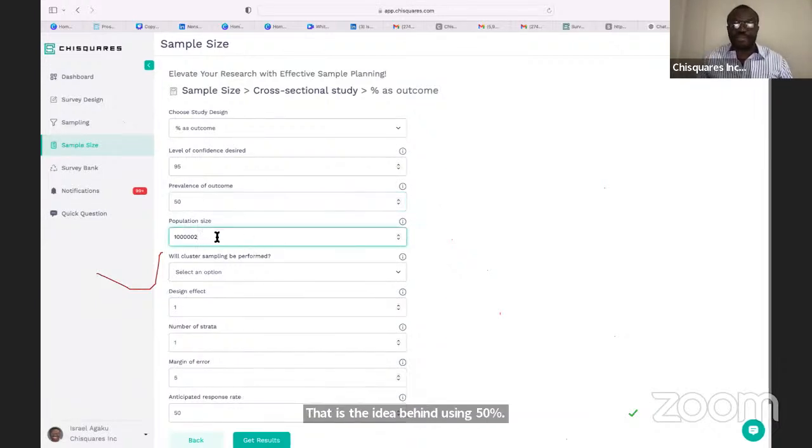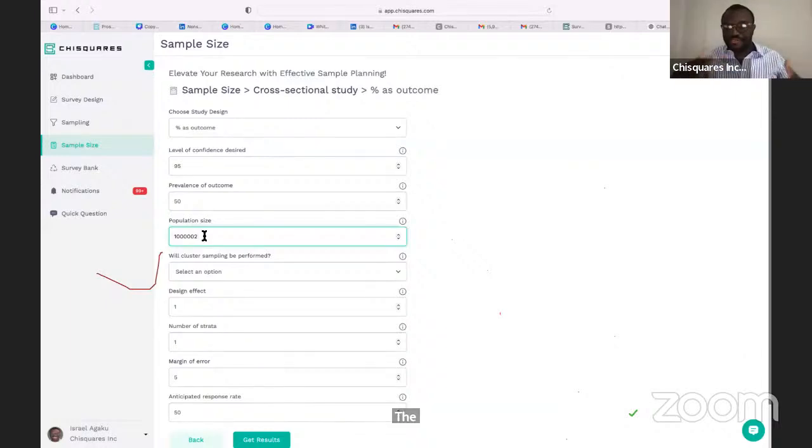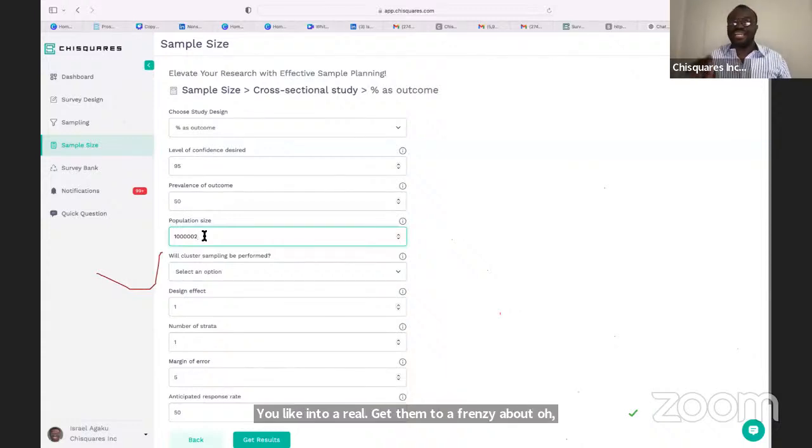Next, we provide the population size. The population size doesn't really matter. Some people get themselves into a frenzy about, oh my gosh, what's the size of my population? I need to know that it's this exact number. It doesn't really matter, especially when the population is big. If your population is 100,000 or more, you don't even have to worry.